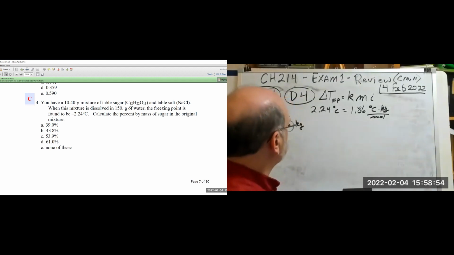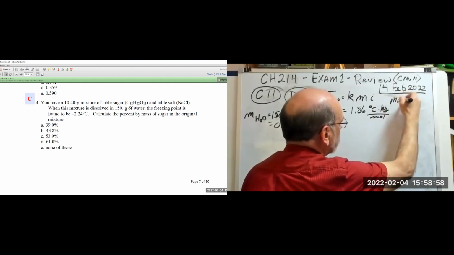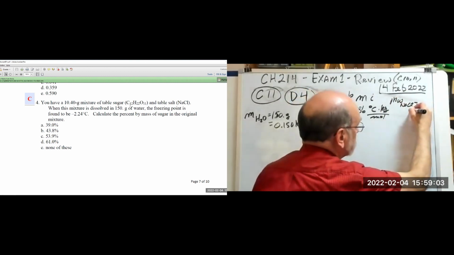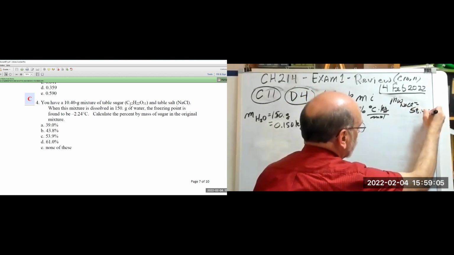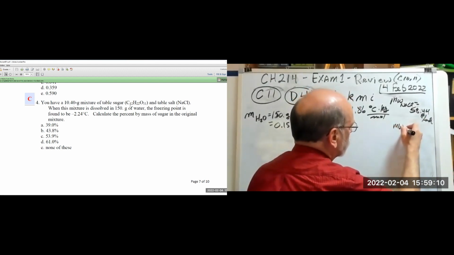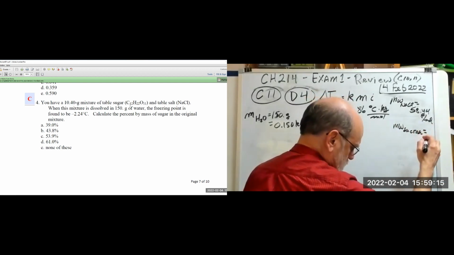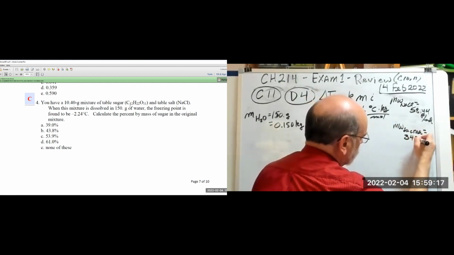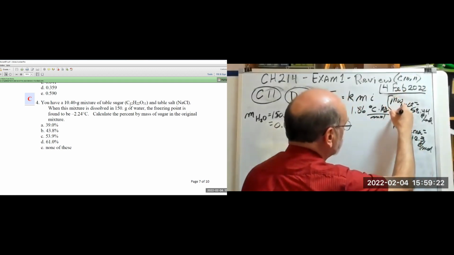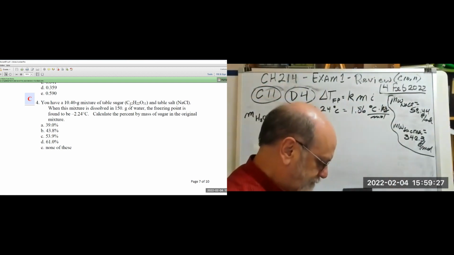So the molar mass of sodium chloride is equal to 58.44 grams per mole. And the molecular weight for sucrose is equal to 342.3 grams per mole. So we'll just keep that on the side here.